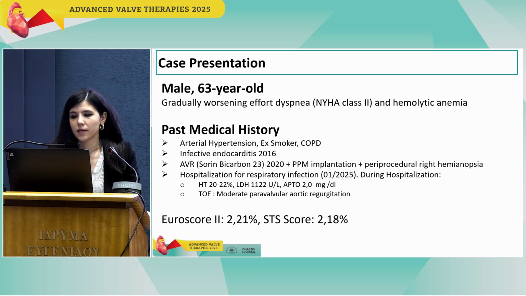So our patient is a 63-year-old male presenting with progressively worsening exertional dyspnea, along with clinical and laboratory signs of hemolytic anemia.